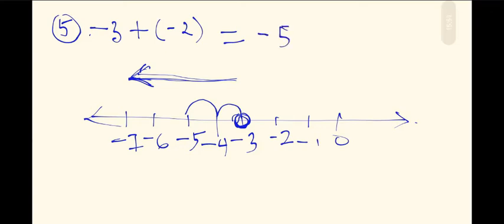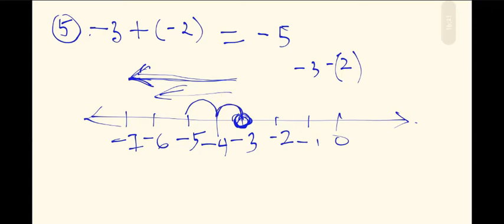It's the same as writing -3, -2, or -3 minus 2. When we are subtracting, we move this way, like we realized earlier. So subtracting 2 from -3, we move, and then we get an answer.